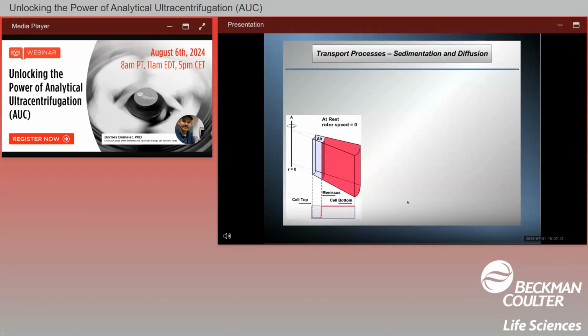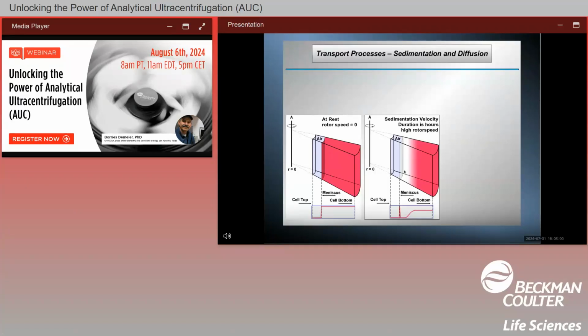So when we run an experiment, we fill a cell with an analyte solution, which is initially uniformly distributed. And then as we're spinning up the rotor, we form a moving boundary as these molecules sediment towards the bottom and clear the area between the meniscus and that moving solvent front here, or solution front. This whole process is modeled by what's called the Lamb equation, which has a sedimentation and a diffusion term.